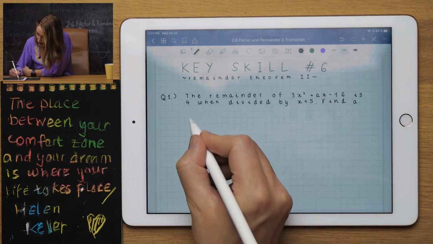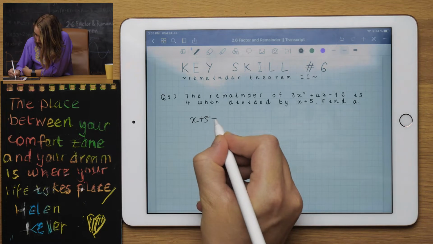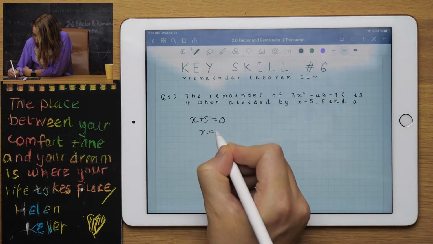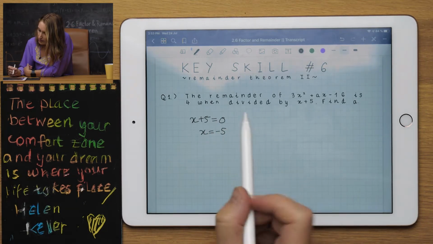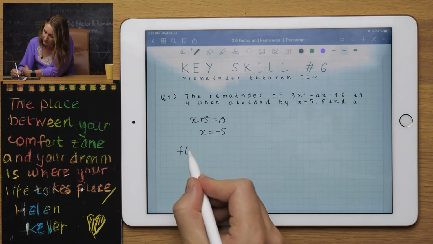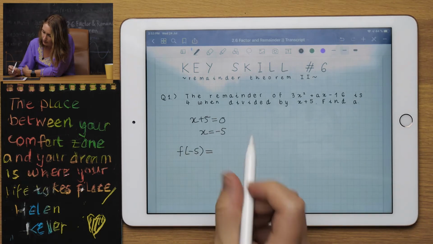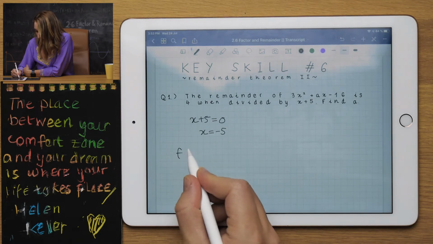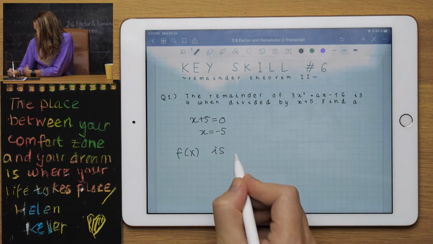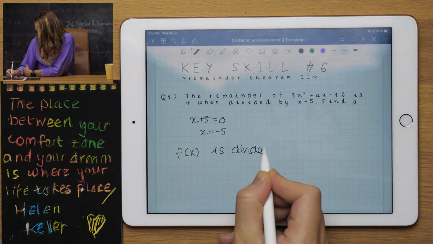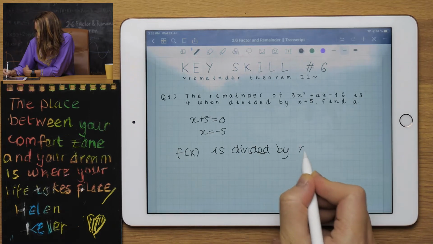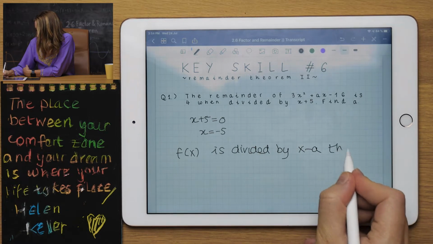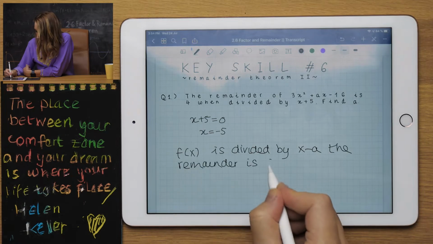So we know that if x plus 5 is equal to 0, x would equal minus 5. So by the remainder theorem, f of minus 5, well, let's write it in the posh way first. We know that when f of x is divided by x minus a, the remainder is f of a.